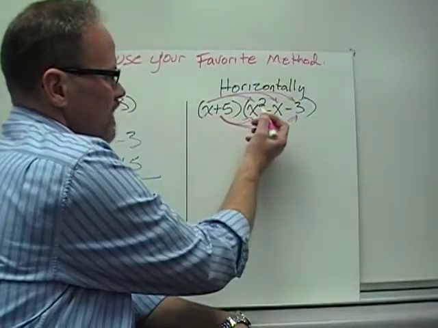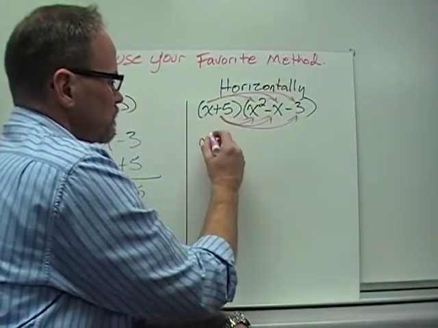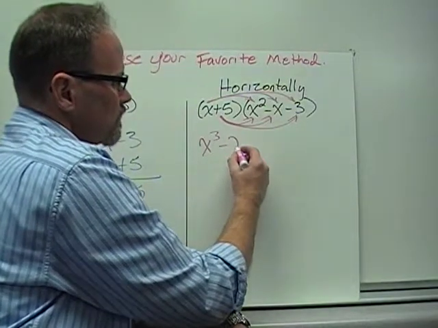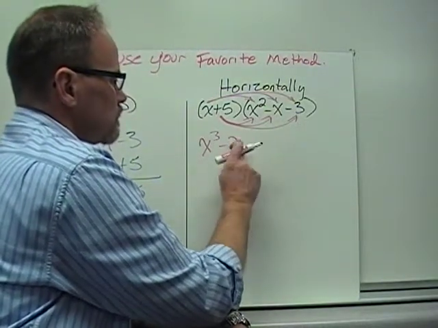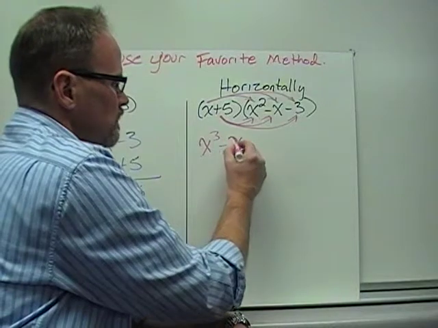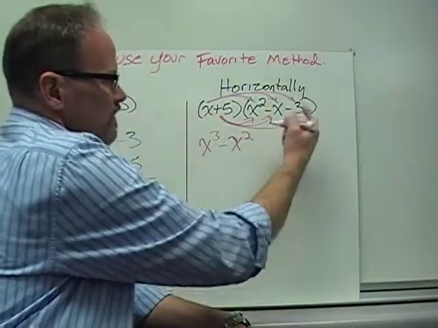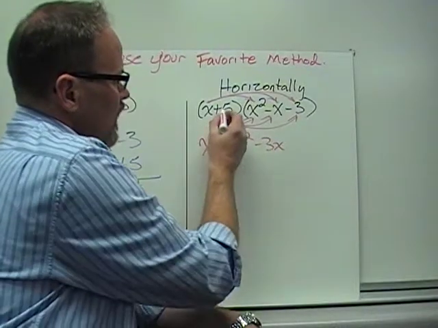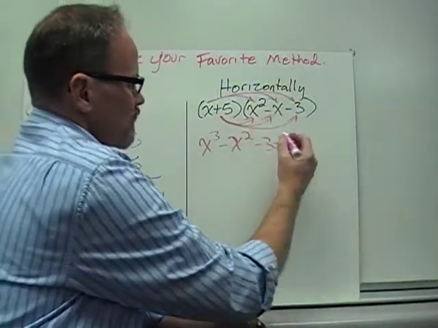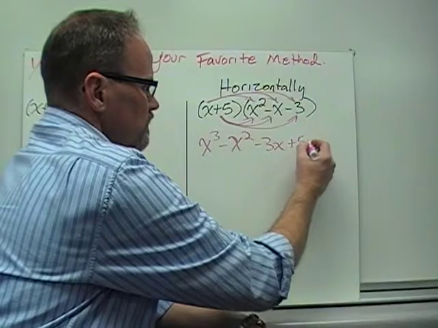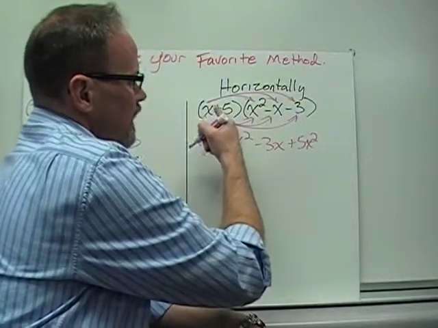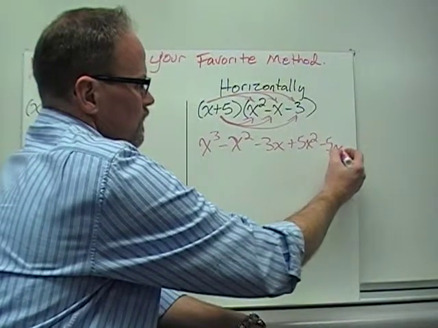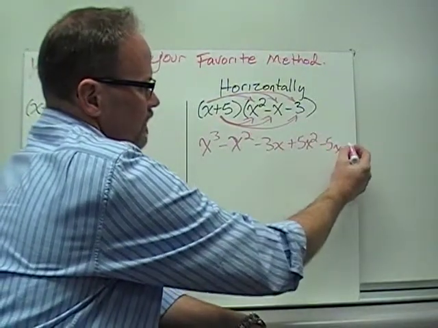All right, x times x squared, x cubed, x times a negative x, minus x squared, and x times a negative 3 is negative 3x. Positive 5 times x squared gives you positive 5x squared, and a positive times a negative, that's a negative 5x, and then on the end I got negative 15.